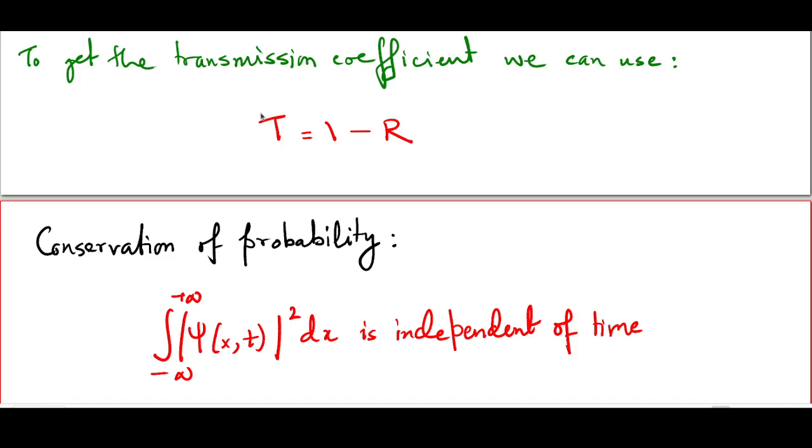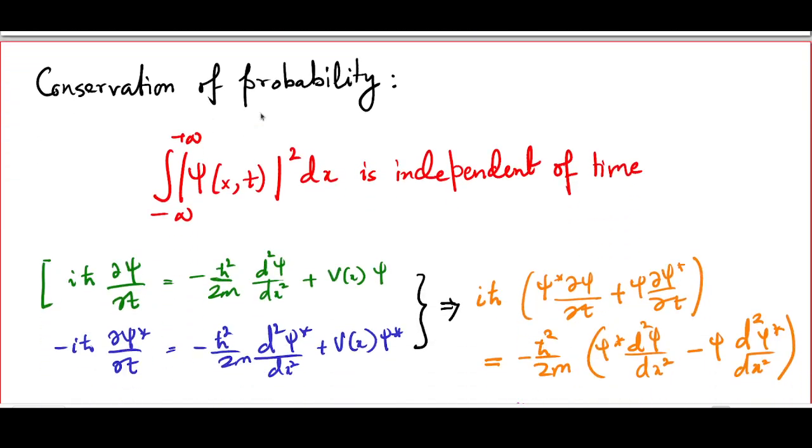This follows directly from the time-dependent Schrodinger equation. We just write down the time-dependent Schrodinger equation, i h cross del psi del t equals minus h cross square by 2m del 2 psi del x2, plus V of x psi, and then you take its complex conjugate.